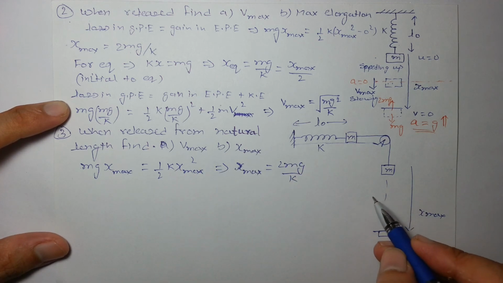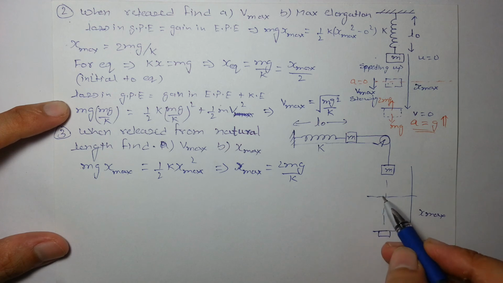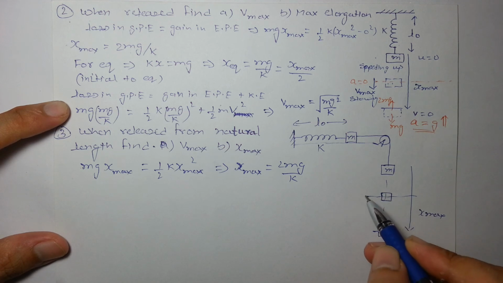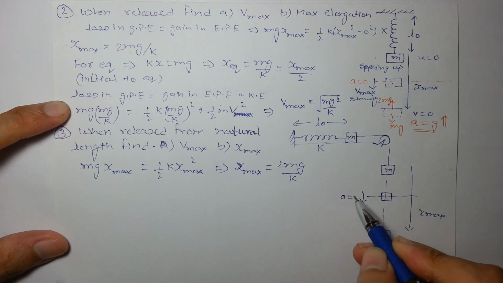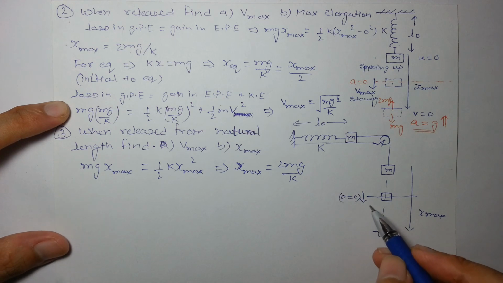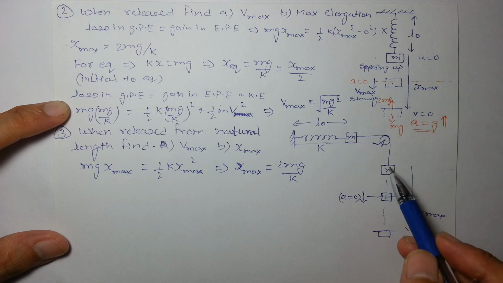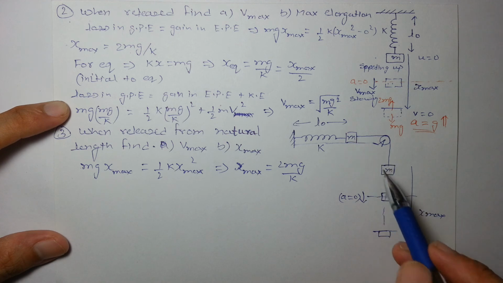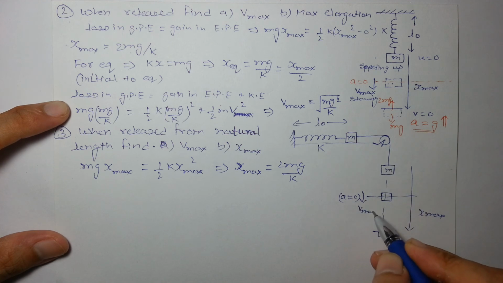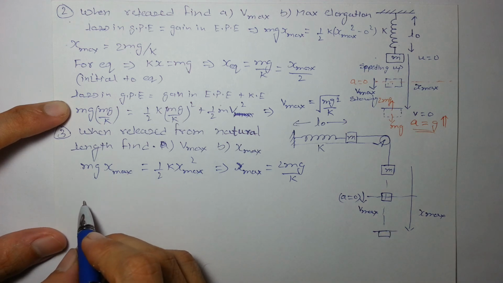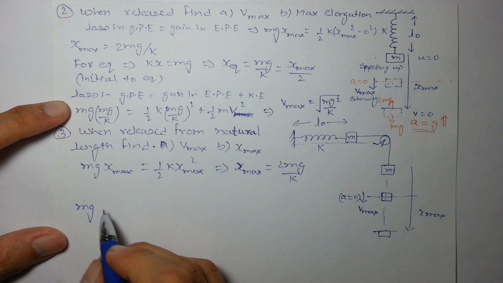What about Vmax? Vmax will again appear at equilibrium, just equal to 0. But remember this time the kinetic energy will be given to the total mass, which is 2m. So this is Vmax. So I'll write loss in PE, mg x equilibrium.